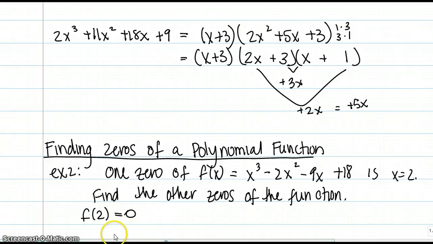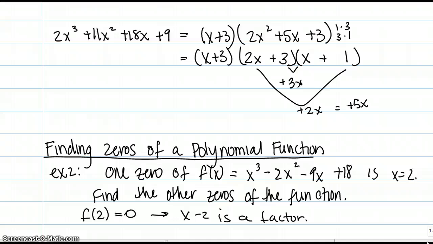And by the factor theorem, I know that x minus 2 is a factor. So knowing that x minus 2 is a factor, I can use synthetic division. So I want to make sure you all have this written down. If you need to, pause now, make sure you have everything written down, and then we can move on to the next problem.